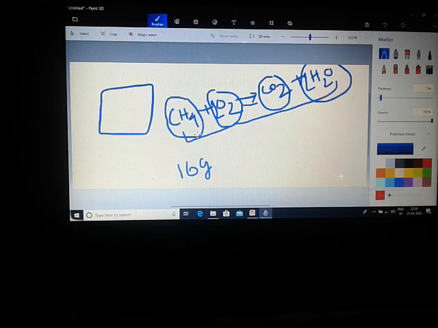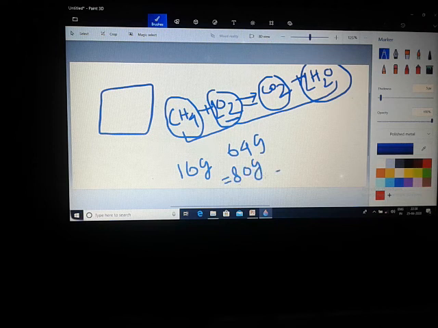So 1 into 4 is 4, and 12 is the mass of one carbon atom, that means total 16 gram. And here it is 2 O2. One oxygen atom has atomic weight 16. So 2 into 16 is 32, and 32 into 2 is 64. So 16 plus 64 is 80 gram. That means a total of 80 gram is present in the reactants.